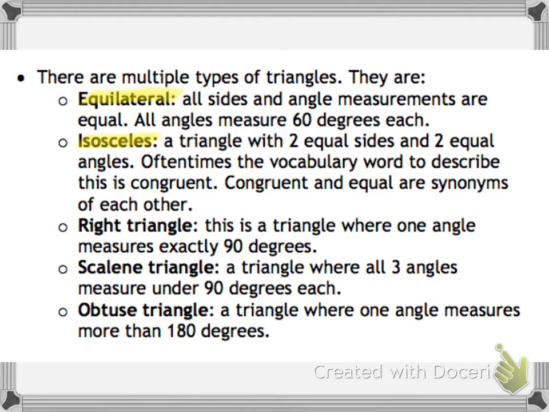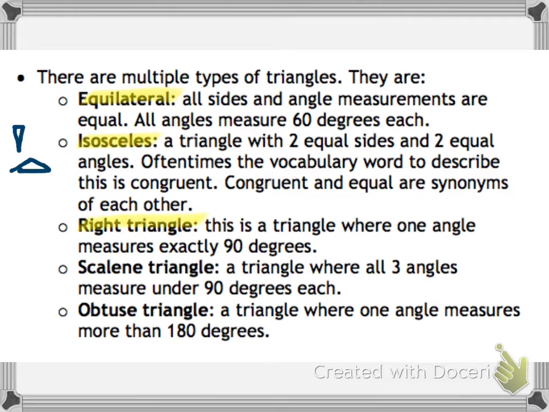Isosceles triangles are when you have 2 angles and 2 sides that are equal. So that leaves you a third angle and side length, which looks weird. An isosceles triangle could be really fat looking like this, or it could be super, super narrow. But you would still have 2 side lengths and 2 angles that are congruent.